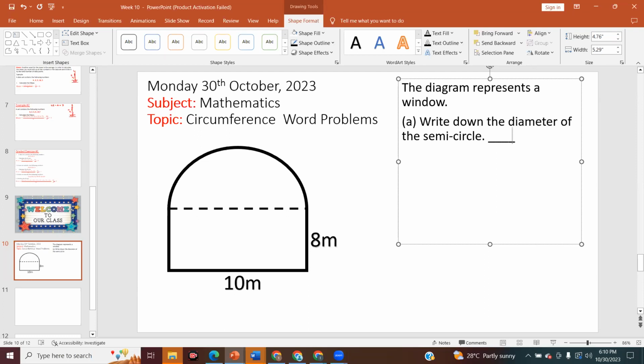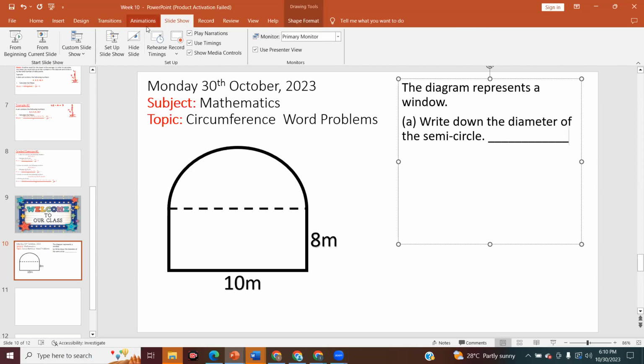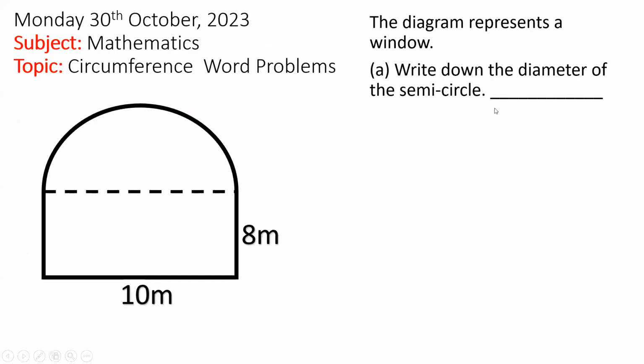Inside the chat, I want you to write down what you think the diameter of the semicircle is. What is the correct answer for this one? What is the diameter of the semicircle? Put your answers inside the chat, please.